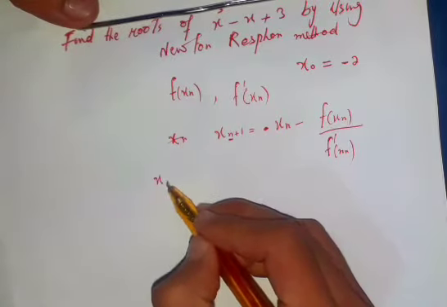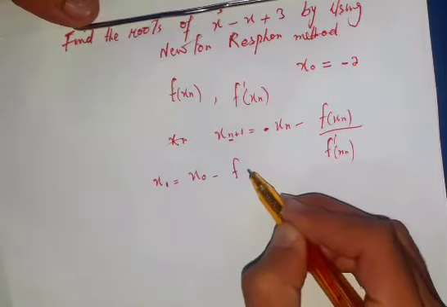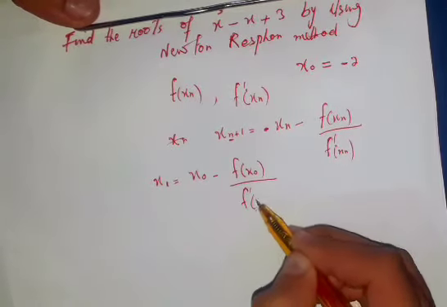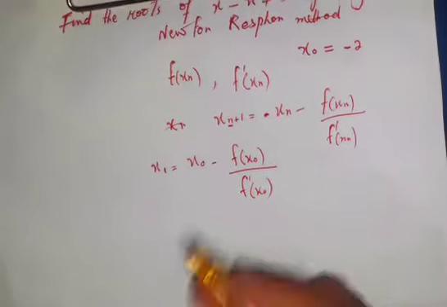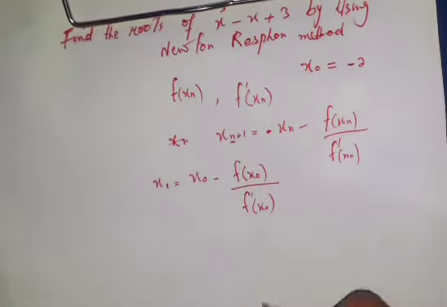So this will become x1 equals x naught minus f of x naught divided by f derivative of x naught. Now we have to put the values in this, and we can easily find the roots.